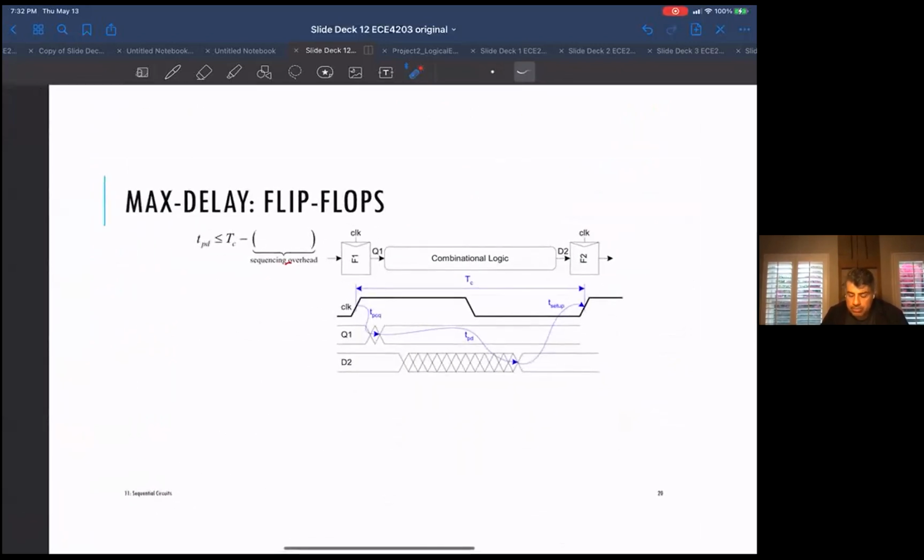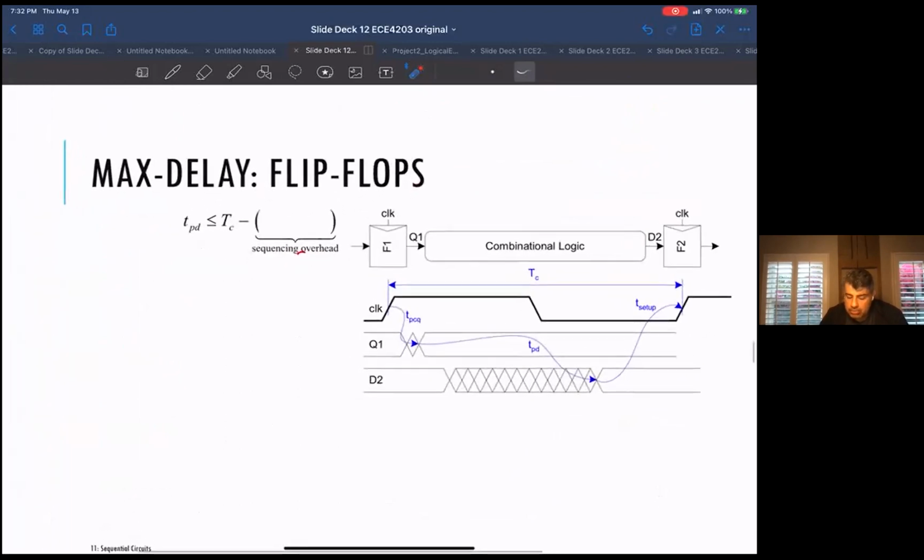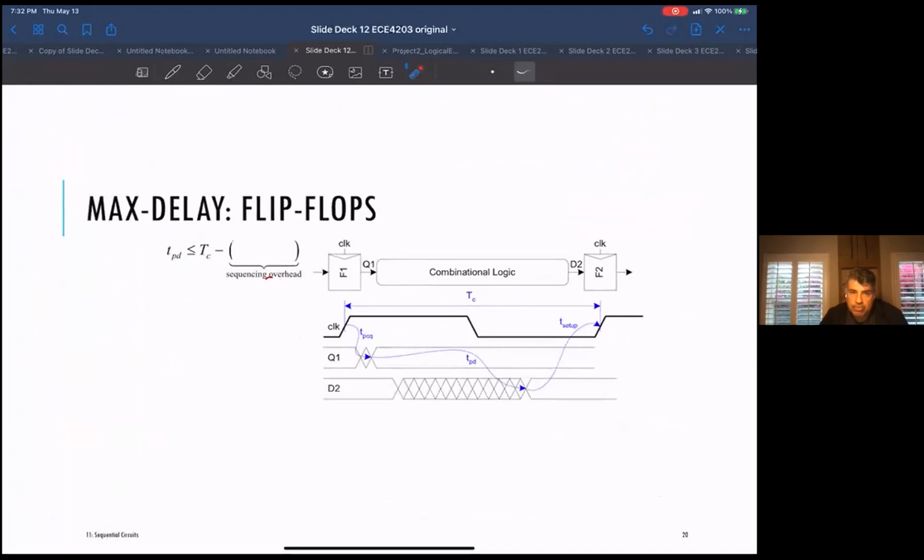So basically you have to worry about two things in either flip-flops or latches. This is the prop delay through your logic elements. You have to make sure your delay is not too large or too small.